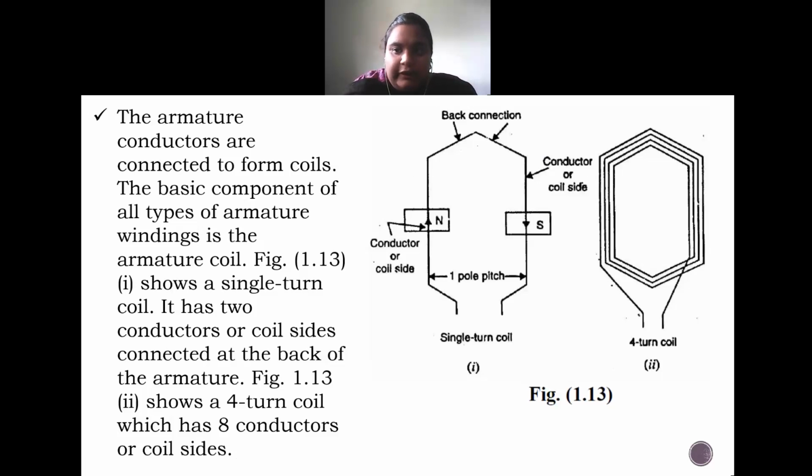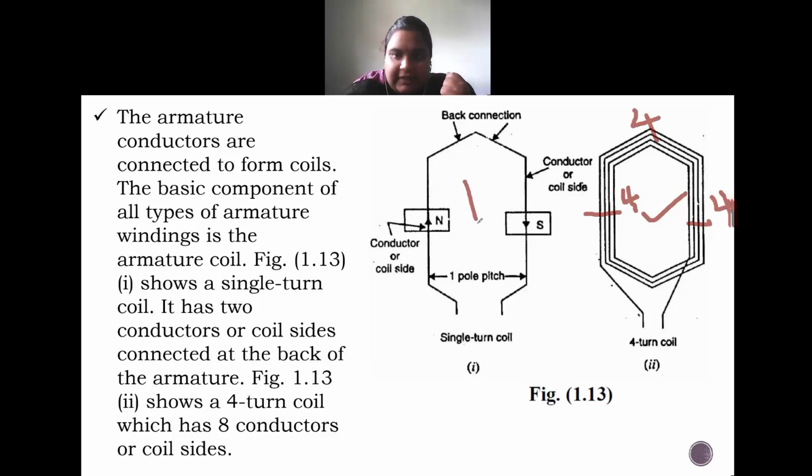Now if you go for this second figure, the figure which we are seeing here, in this case we have four conductors connected back to back with another four conductors. This type of arrangement is called a 4-turn coil.